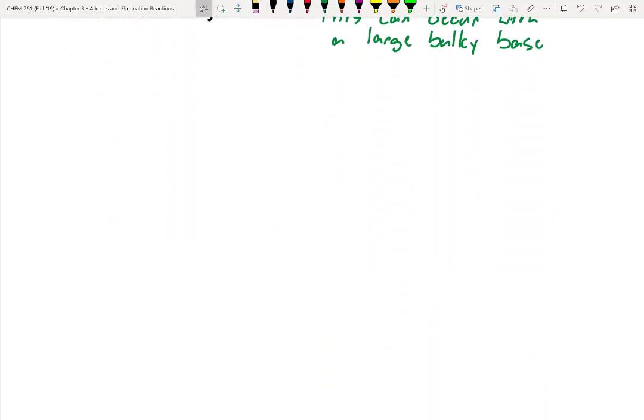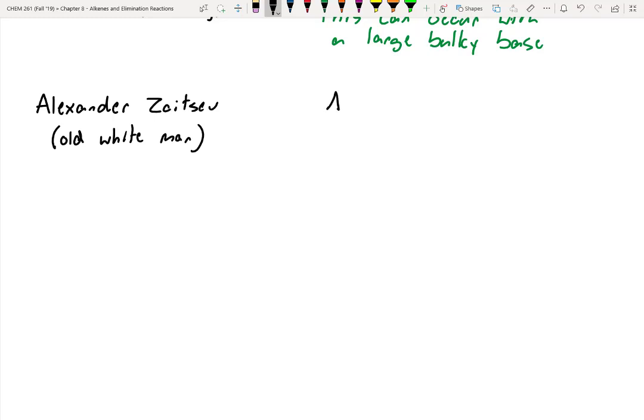It's two old white men. First white man is named Alexander Zaitsev. Old white man. And then the second guy is named August Hofmann.